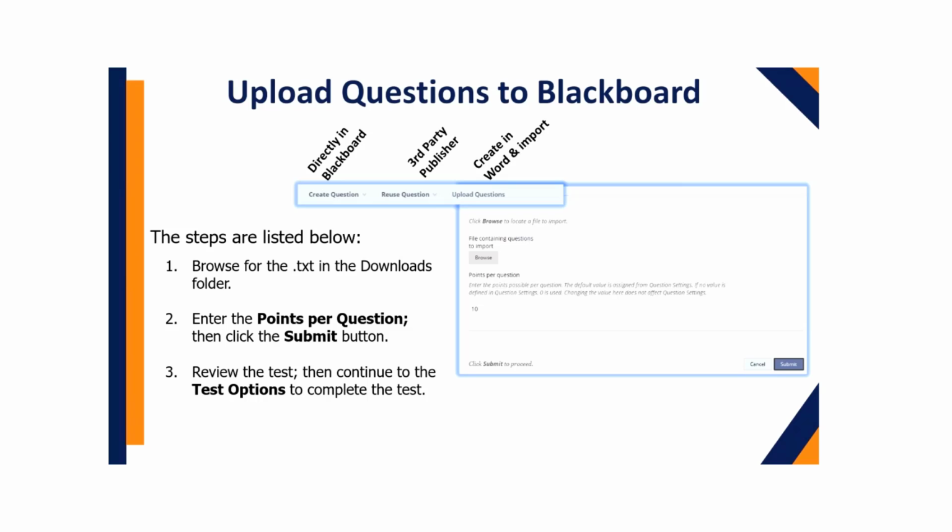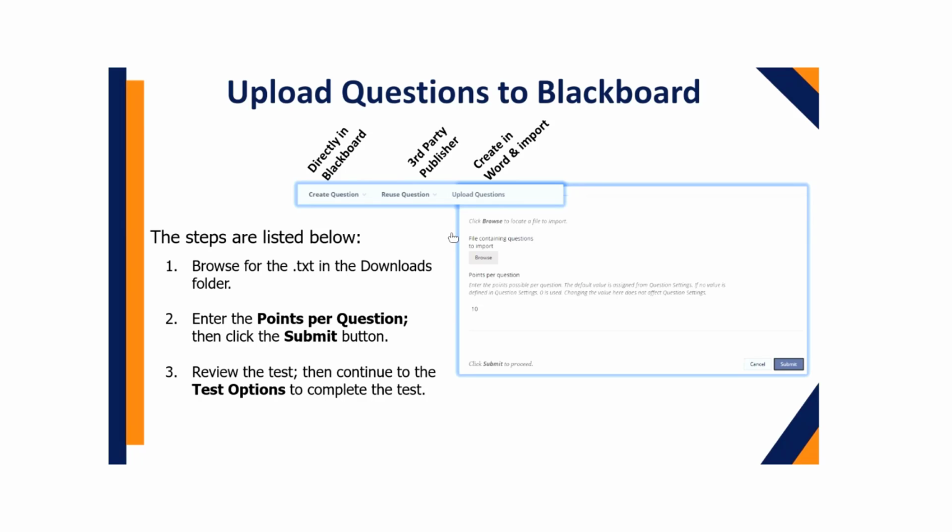When you upload questions in Blackboard, you're not going to type directly in Blackboard like we did. We're not going to use a test pool, but we're going to upload the questions in whatever format that test generator gives you. I just happen to know it's a TXT.